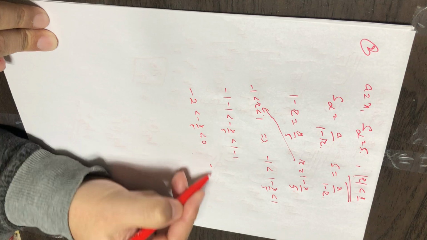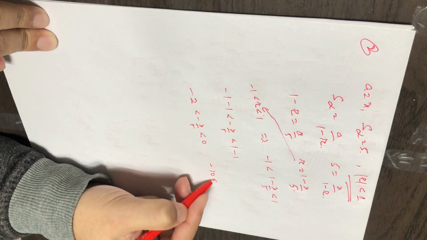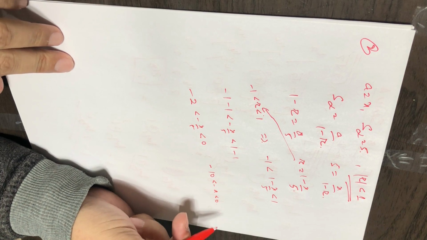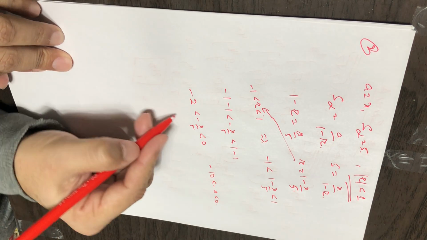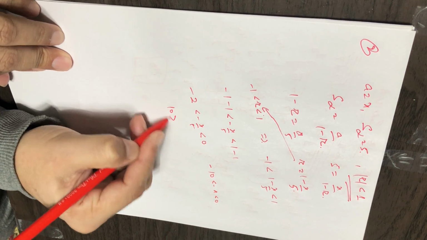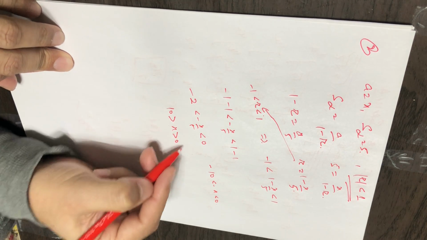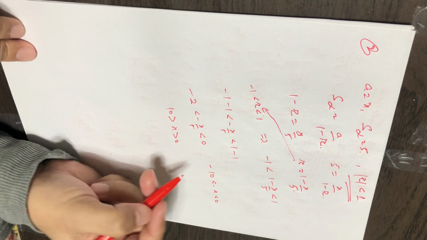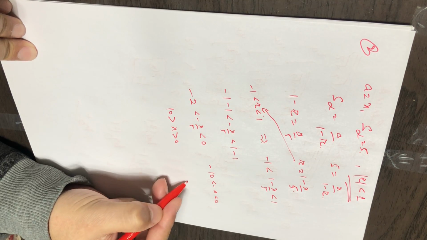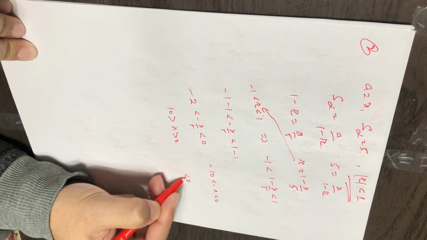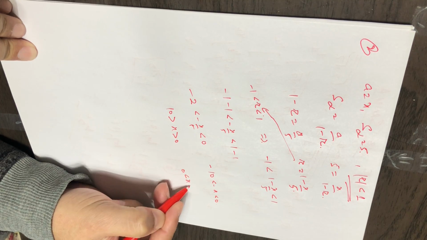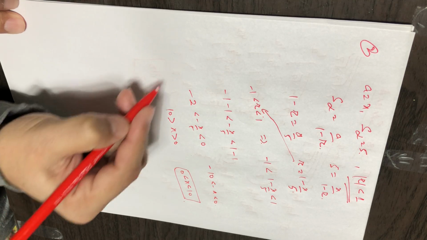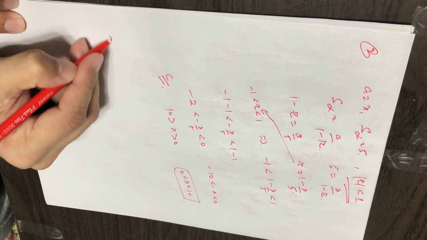If you multiply it, it will equal minus 10 less than minus x less than 0. If you change the sign, this will be 10 greater than x greater than 0. The same thing can be written as x is greater than 0 but less than 10. This will be the final answer, that is C.